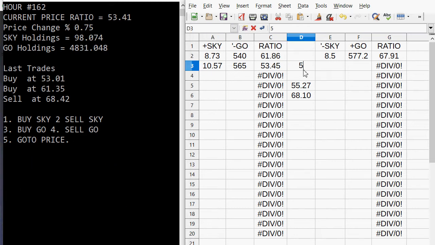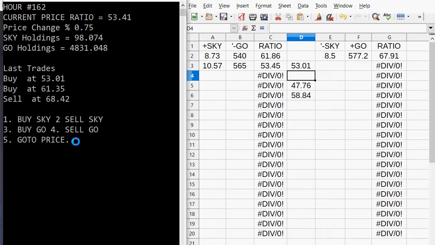So I'll put 53.01 in here. And let's see how long it takes because, I mean, we're almost halfway through and I've only made 3 trades. 47.76 is the low, 58.84 is the high. Day 162 goes up to 184. So basically another day goes by. And the money, well, it's all money.